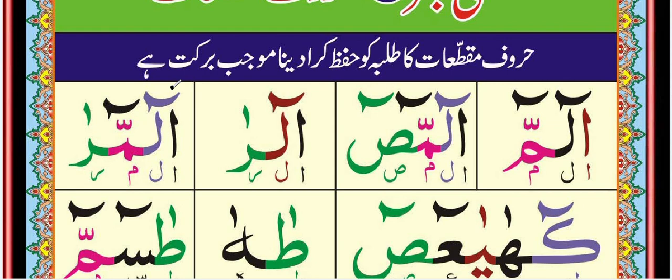What is the function of madd? If you have a madd on any letter, it means you need to make it long, you need to pull it. The letter which has madd is pulled, too much longer and stretching. This is the function of madd.